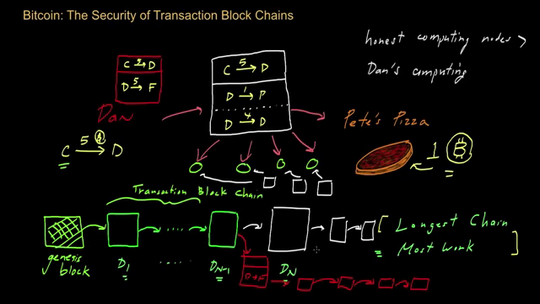Now, it's theoretically possible that Dan could have access to a lot of computing power. Maybe he's very wealthy or he has a lot of resources, but he'll really need a lot to be able to do that, more than everyone else who's legitimate combined. So that's one aspect of why the transaction blockchain is secure, because it's unlikely for any one individual to have access to just that much computing power.